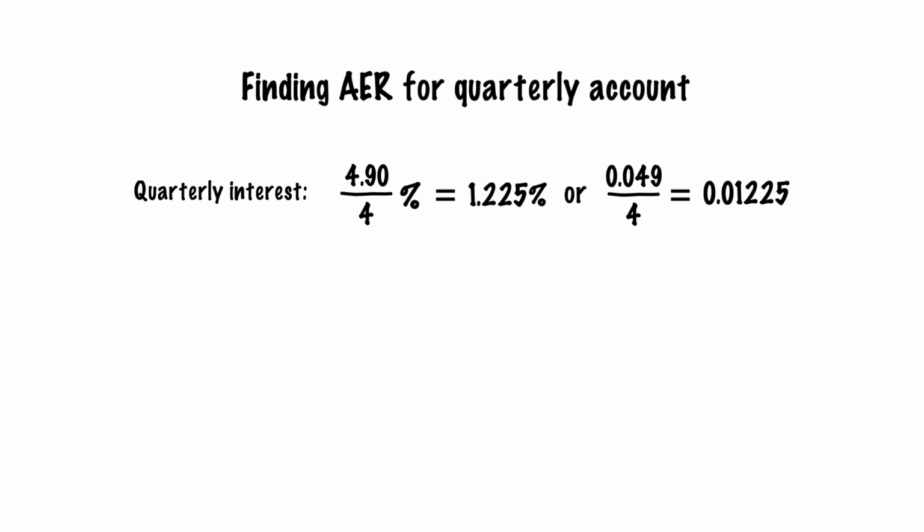Now for the following calculations, I'm going to use the decimal equivalent. I'm now going to create a multiplier for each quarter. The multiplier is 1 add the quarterly interest, which is 0.049 divided by 4, and this is equal to 1.01225. Let's use the multiplier in an example.